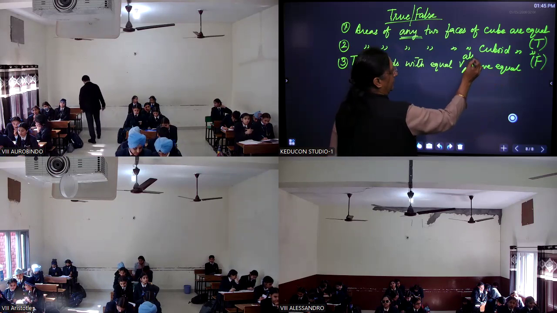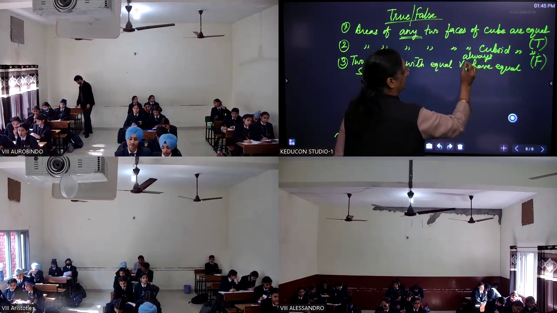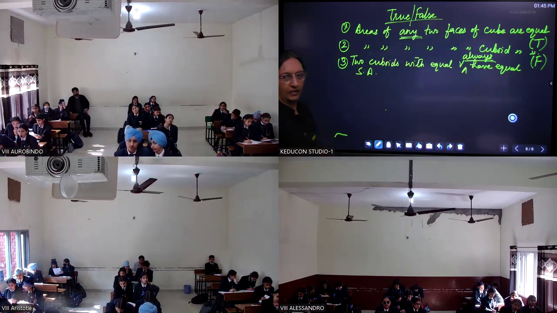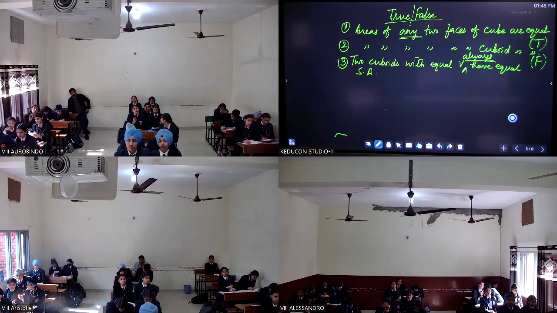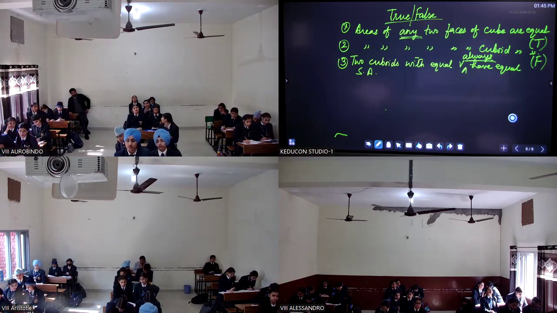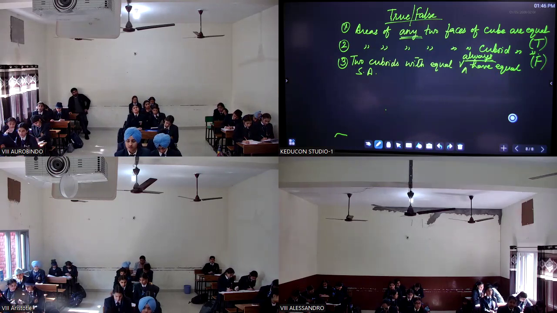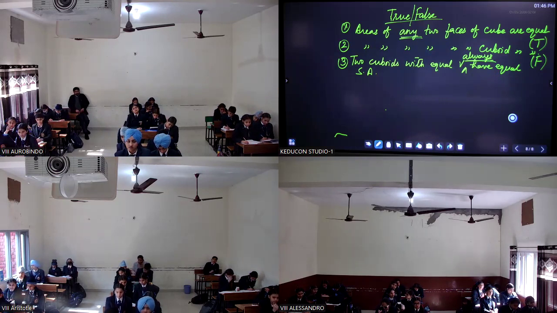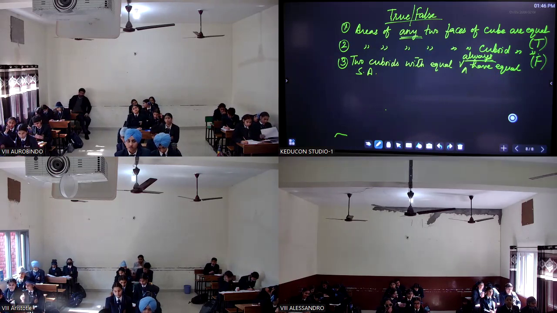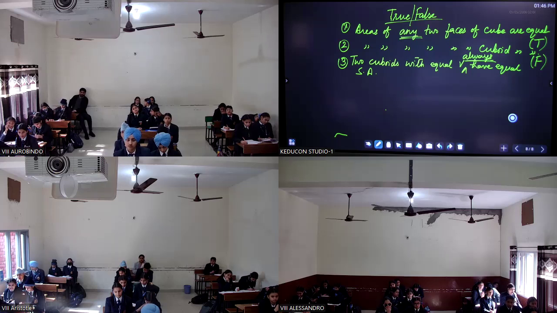I should write here "always". Underline always. Two cuboids with equal volume always have equal surface area. False, it will be false. It doesn't happen always, because the formulas are different and the values will be different. Right?